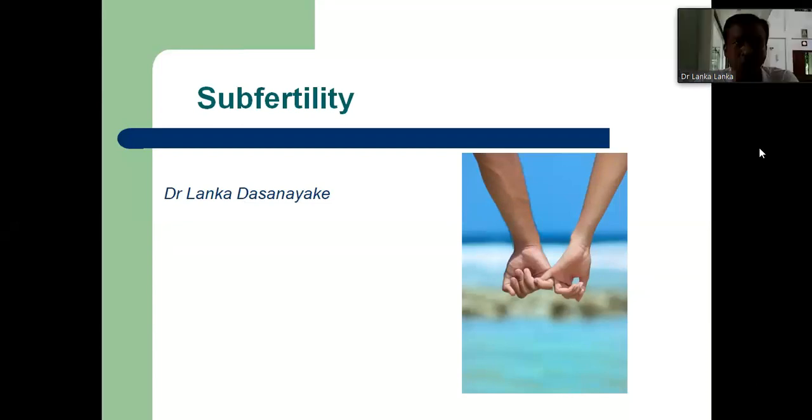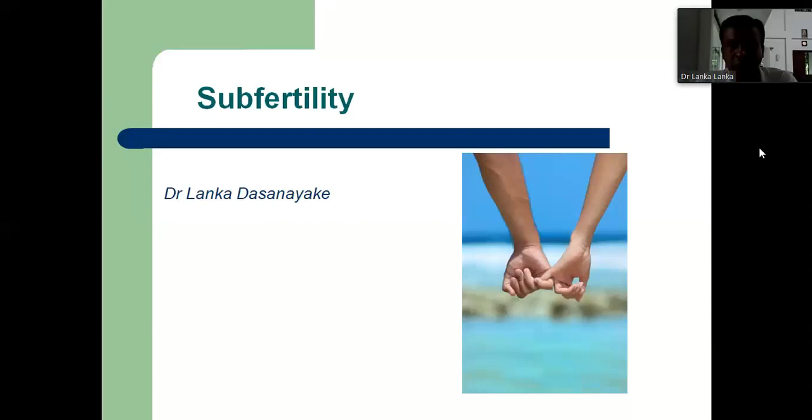That shows that subfertility is a vast area, even though it is incorporated into gynecology. Because of that, you have to know subfertility very well. I would say about 1/4 of gynecology is subfertility.